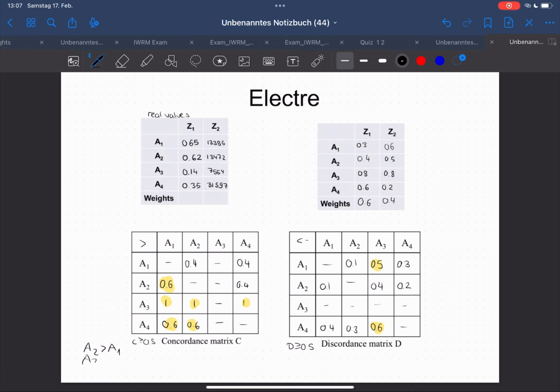And that's what we do for all of them. So then A4 is taller than A1. Then we have here this one, A3 taller than A2, A4 taller than A2. And for the last one, we have A3 taller than A4.